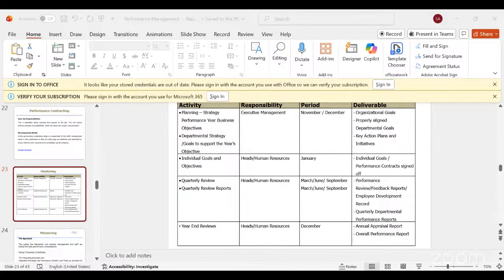You have the high-level goal, and then you try to identify what each departmental head or each manager needs to do, or what each department needs to do, to contribute to that goal.